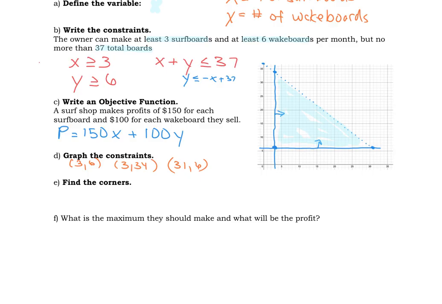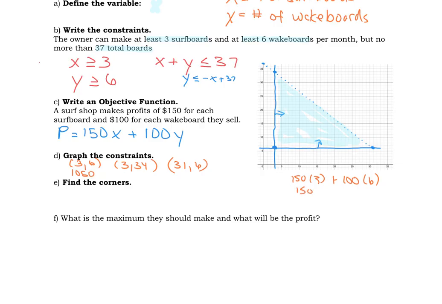Now I'm just going to plug it into my objective function. So I'm going to plug in 150 times 3 plus 100 times 6, and that's 1,050.